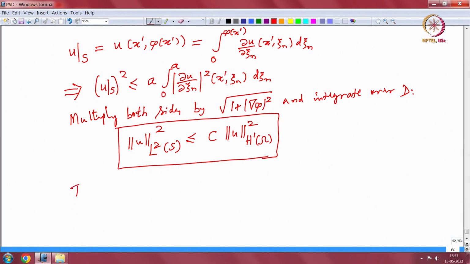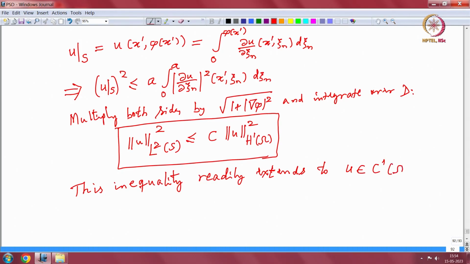This readily extends, that is the next observation; this inequality readily extends to u in C1 omega bar, whereas we had taken C1 function with compact support.